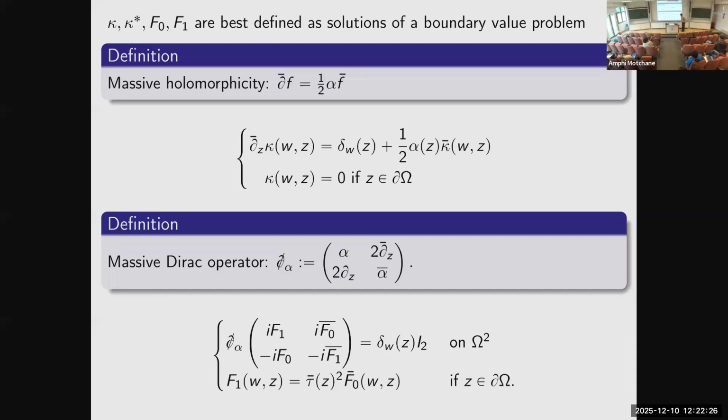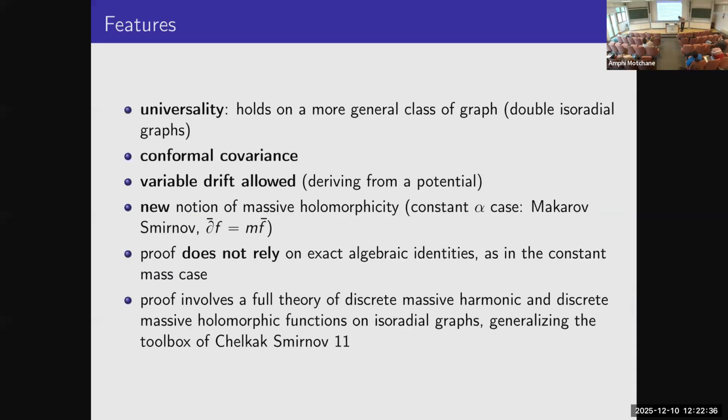So I presented you the result, and now here are the objects appearing. You see that there is a notion of massive holomorphicity and massive Dirac operator, which you may be more familiar with. Now what are some important features of this result?